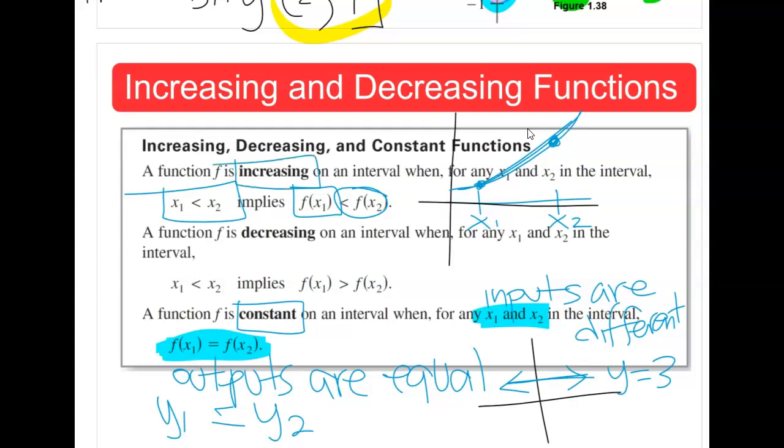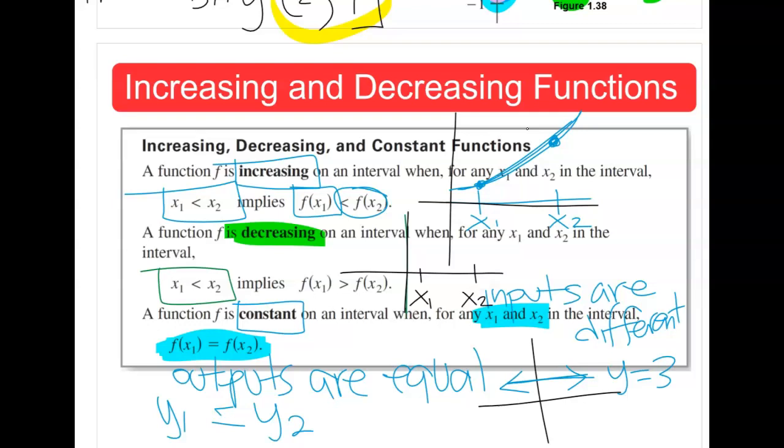And then finally, for decreasing, it will be the opposite. We locate the x values the same way. X sub 1 will be smaller than x sub 2.